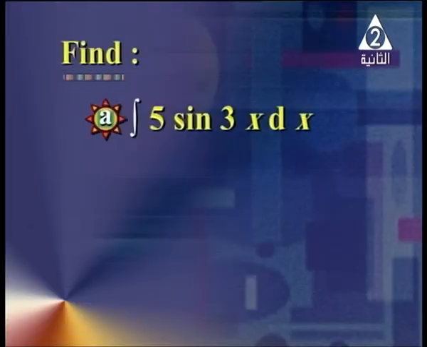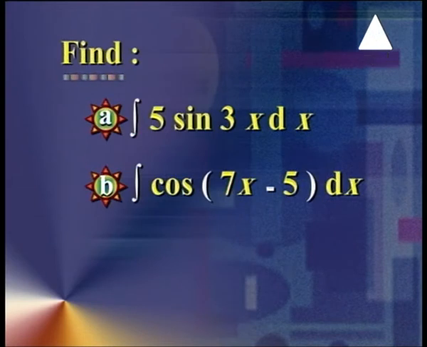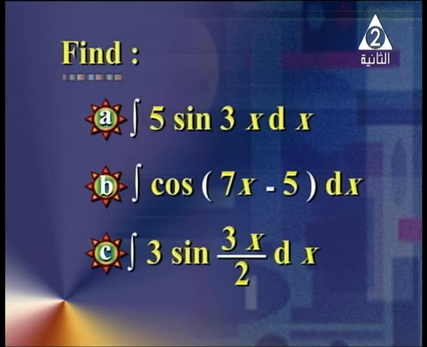Example, find the integration of: number A, 5 sine 3x dx. Number B, cosine of the bracket 7x minus 5, dx. Number C, the integration of 3 sine 3x over 2 dx.